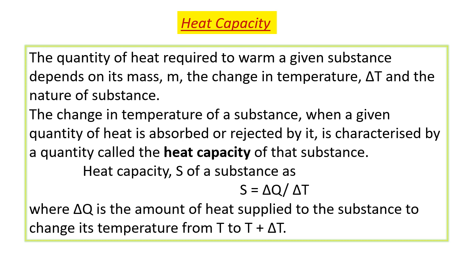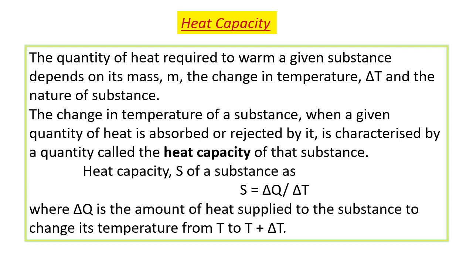The change in temperature of a substance when a given quantity of heat is absorbed or rejected by it is characterized by a quantity called the heat capacity of that substance. Mathematically, heat capacity S is equal to delta Q divided by delta T. Here delta Q is the amount of heat supplied to the substance to change its temperature from T to T plus delta T.